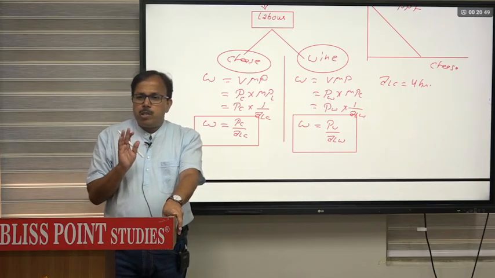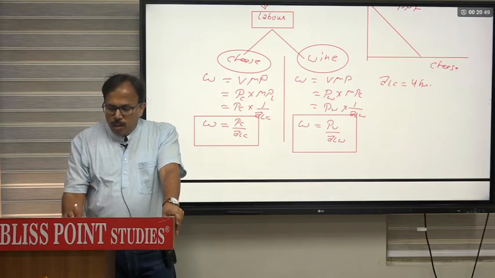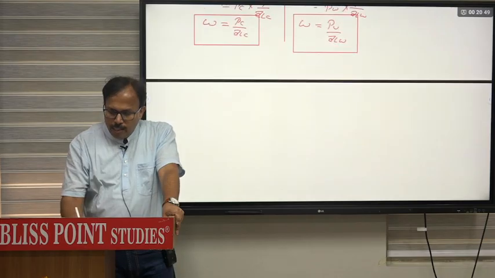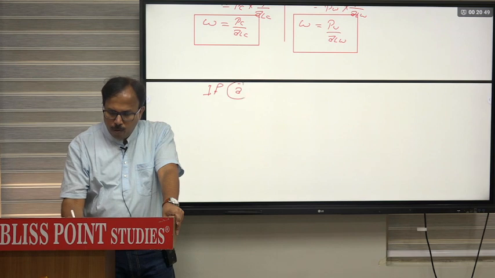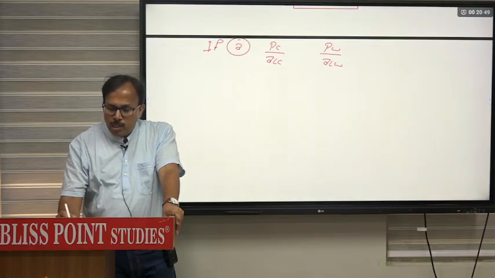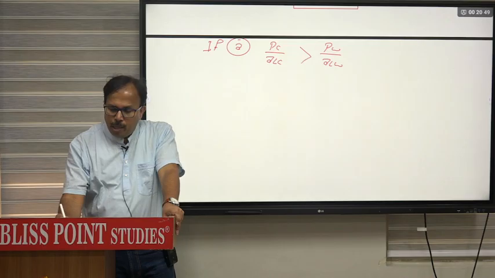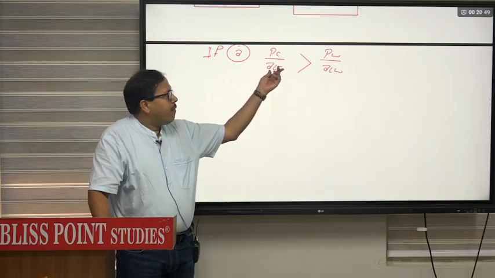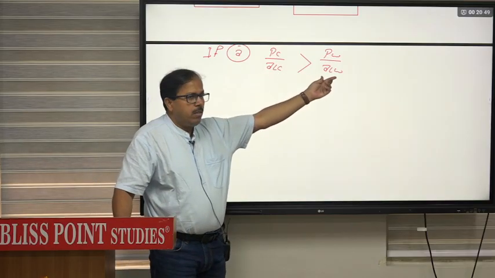Now I am drawing 3 possibilities. Below that, create 3 different possibilities. If number 1 or A point, if I say that PC upon ALC is greater than PW upon ALW, what does it mean? ये वैल्यू है वेज इन चीज और ये वैल्यू है वेज इन wine.